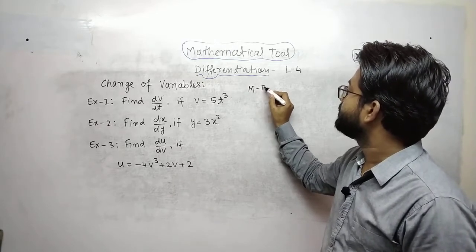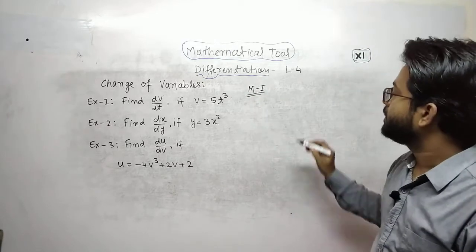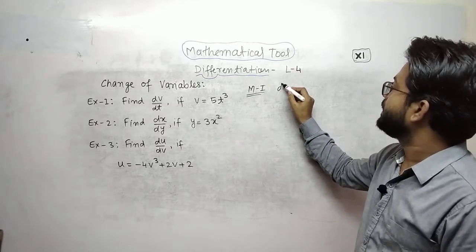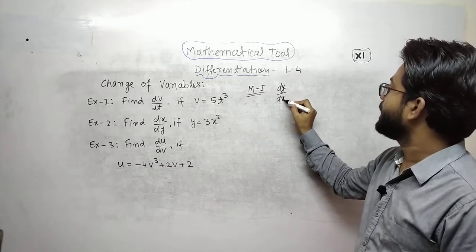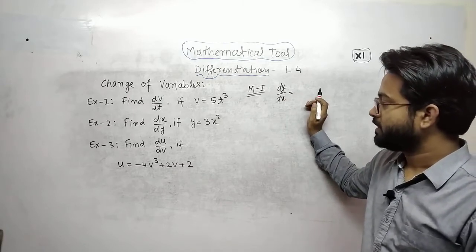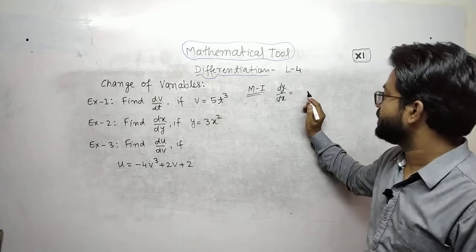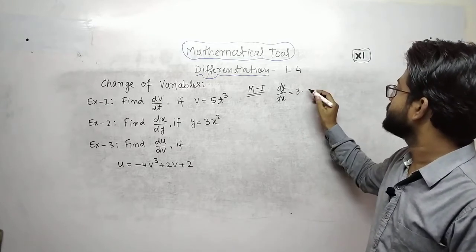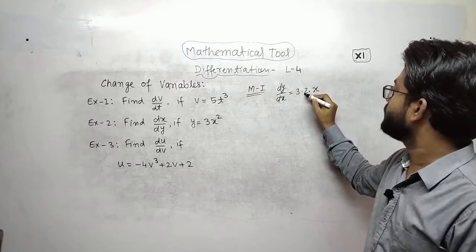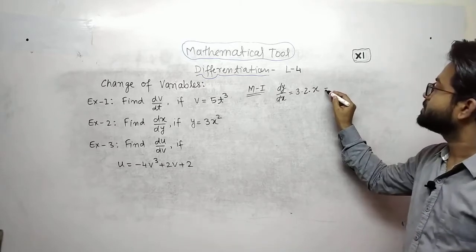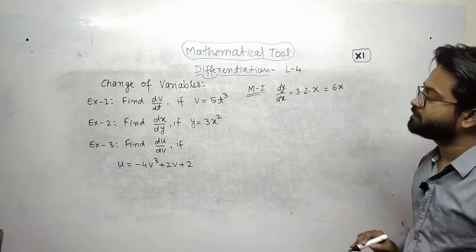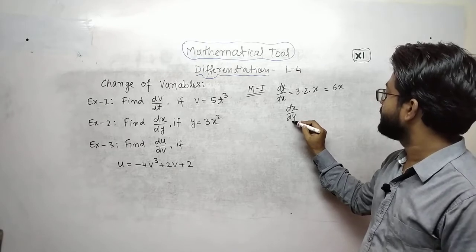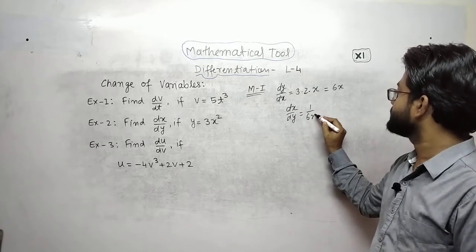Method number 1: simply differentiate y with respect to x. dy upon dx will be equal to 3 times 2 into x to the power 2 minus 1, means this is 6x. Just reverse it, dx upon dy equals 1 upon 6x.